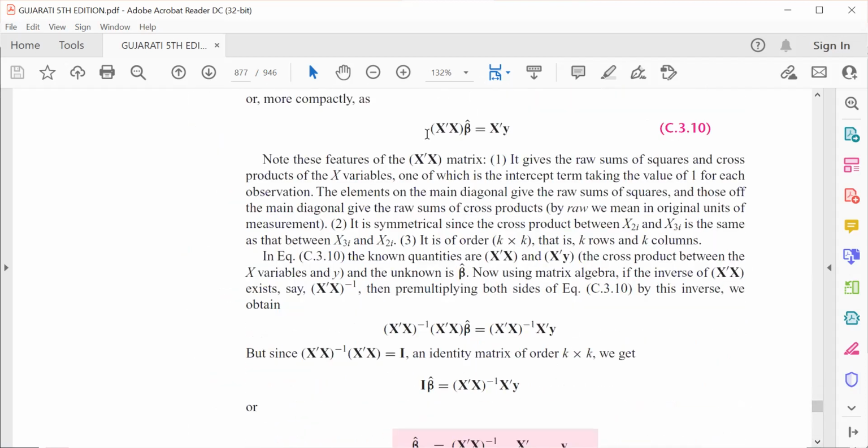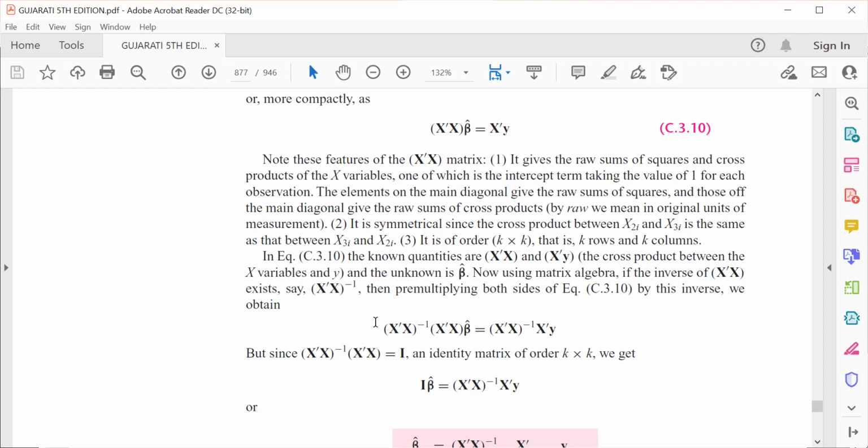x prime x beta is equal to x prime y, because x prime x beta has 2 and x prime y also has 2, so 2 by 2 is equal to 1. And in matrix notation, there is no division. So we multiply equation C310 by x prime x inverse.